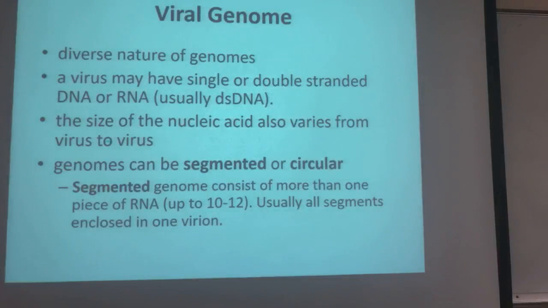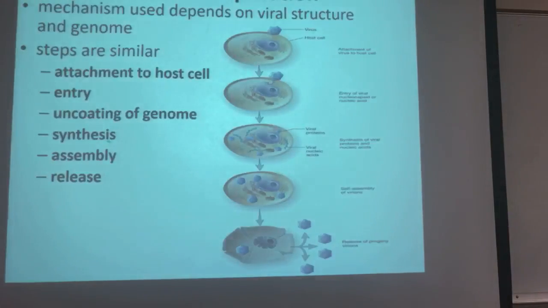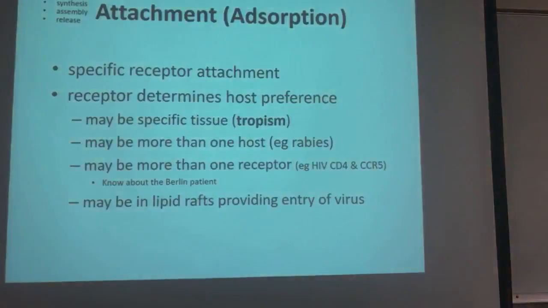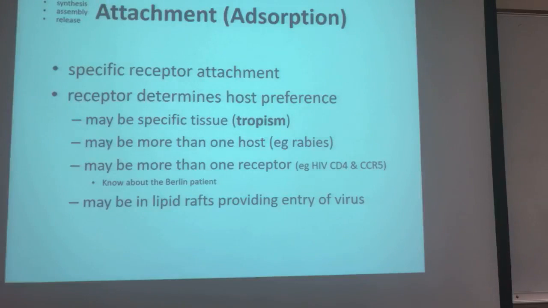Remember, the genomes can be segmented. The genomes can be circular, straight. We talked a lot about the viral mechanism here. It starts with attachment, and that includes tropism. Remember that term, tropism? This is the reason why the Berlin patient became immune. Remember that?